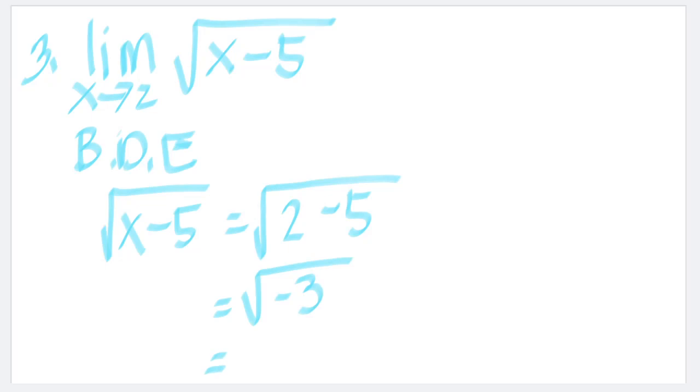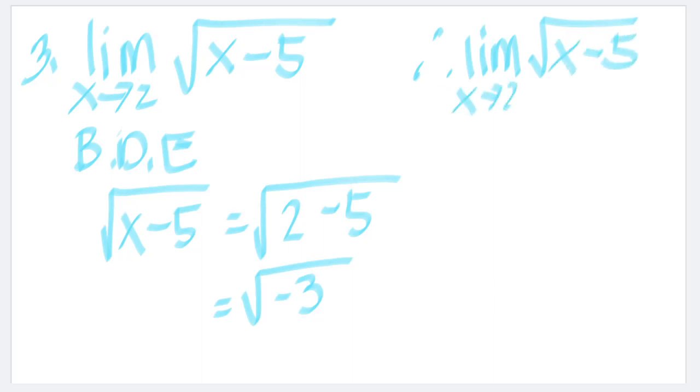Therefore, in calculus, an imaginary number is not a real number, same with algebra. So the limit of the square root of x minus 5 as x approaches 2 does not exist.